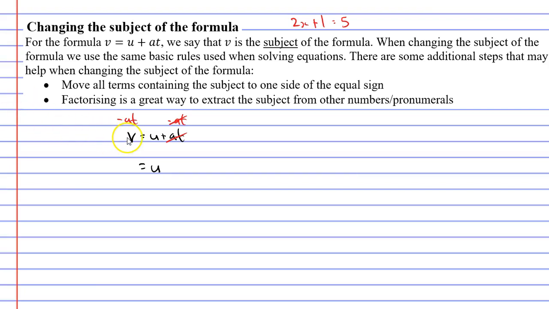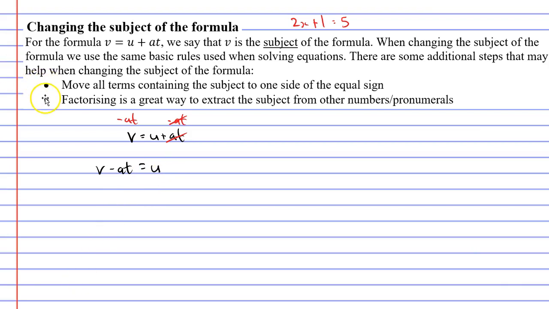Now, what do I get when I take v and subtract at? Well, I'm simply going to write v minus at. And I've now changed the subject of the formula so that I can calculate u, or my initial velocity.